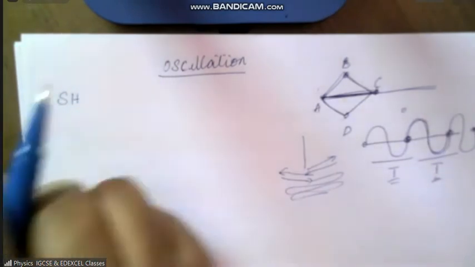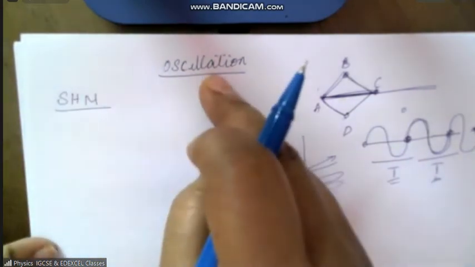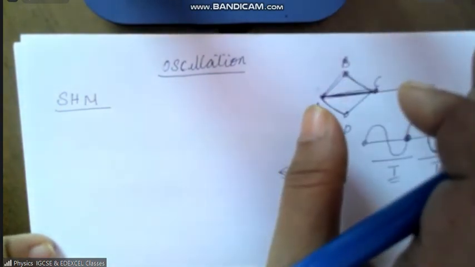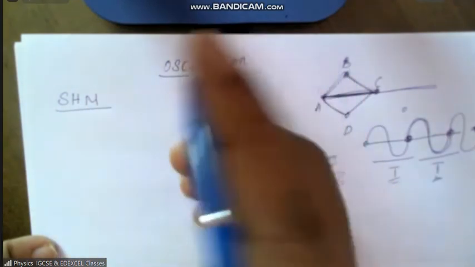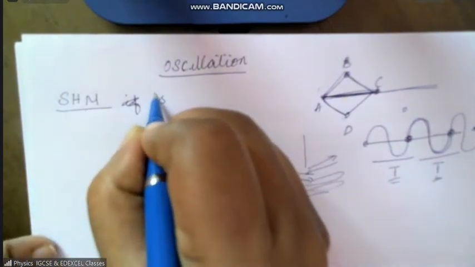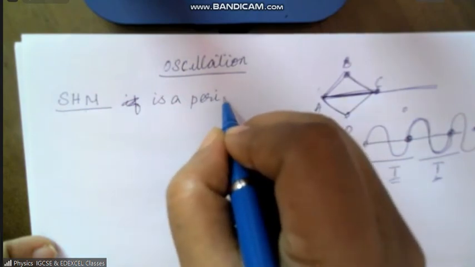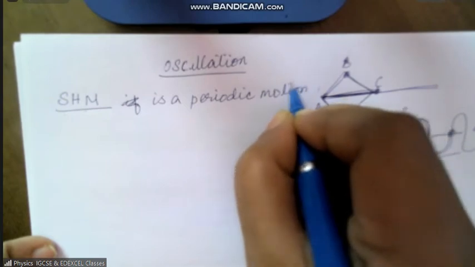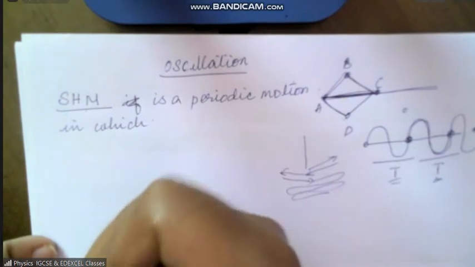Now what is simple harmonic oscillation? Simple harmonic motion is a periodic motion, that means repeated motion, in which two conditions are satisfied.